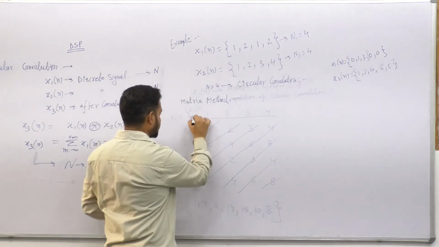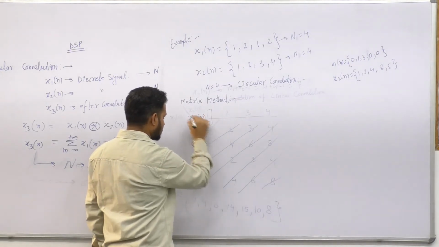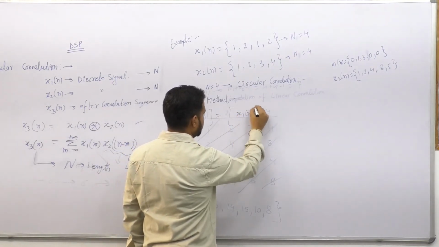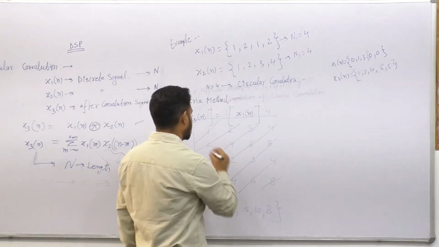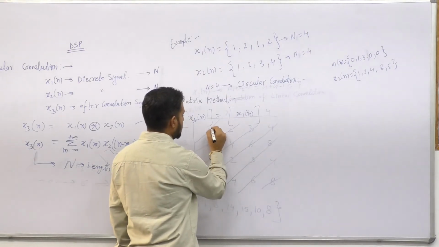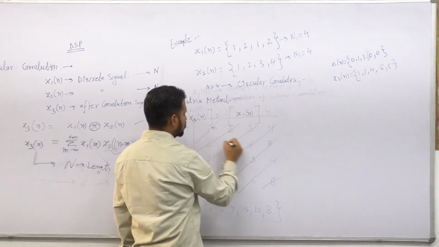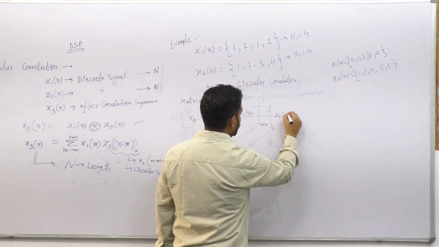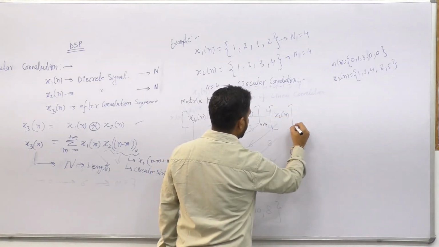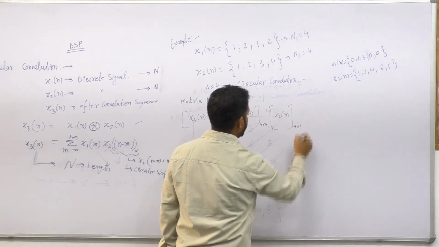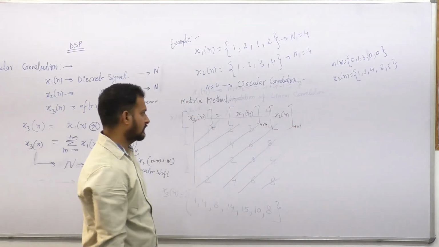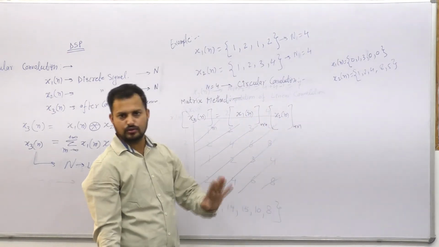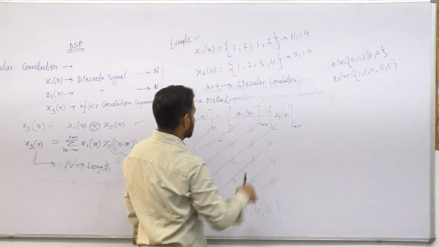So x3[n], in the matrix form, is represented by the x1[n] matrix, which is going to be 4 by 4, and x2[n], which is going to be a 4 by 1 matrix, right? So you can replace this. x2[n] can be here, x1[n] can be here, no issue with that. So how do we represent this basically? Look at that.